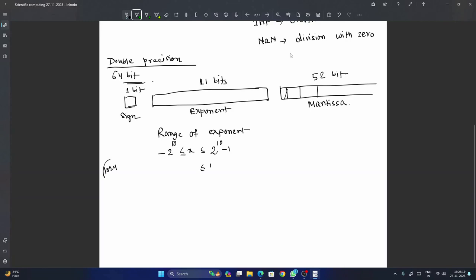So that means minus 1024 less than or equal to x and less than or equal to 1023. And basically again in IEEE 754, it allows you only minus 1022 less than or equal to x and less than or equal to 1023. That is the system. Okay.